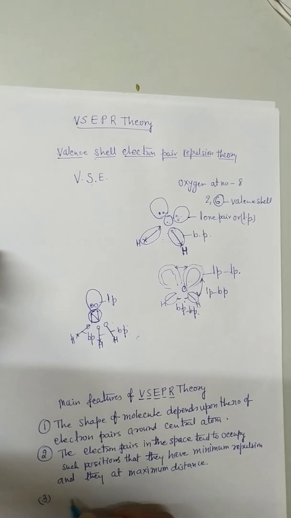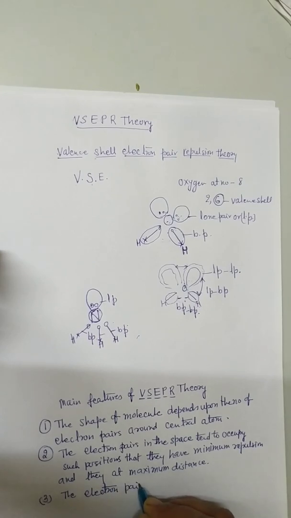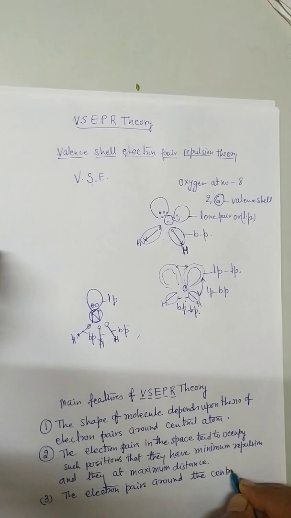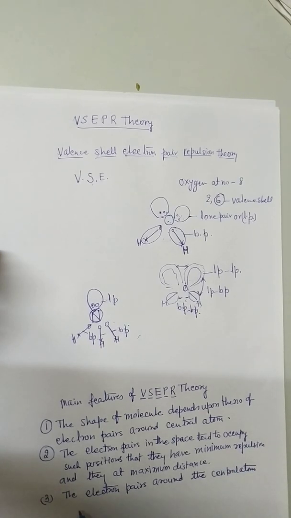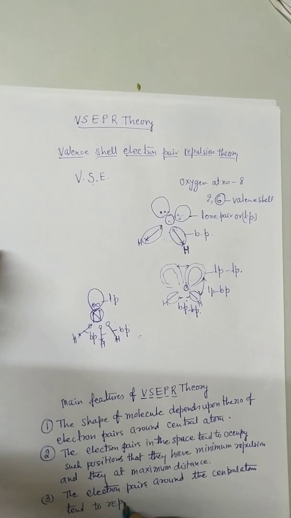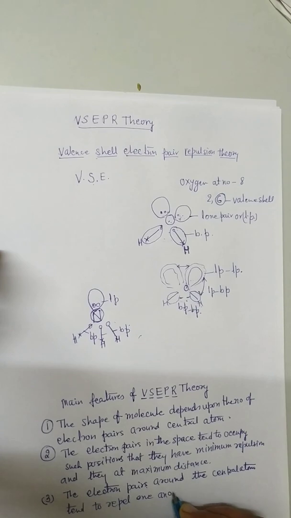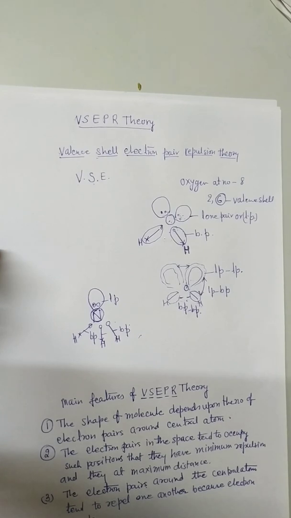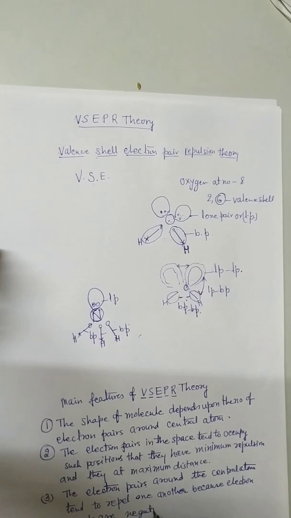Third feature, the electron pairs around the central atom, whether bonded or non-bonded, or you can say lone pairs or bond pairs, tend to repel one another because electron clouds are negatively charged.